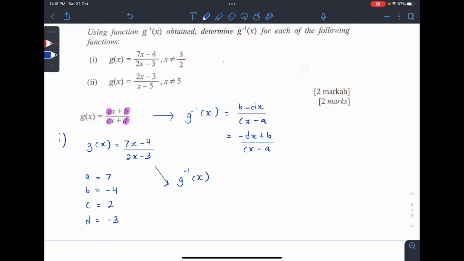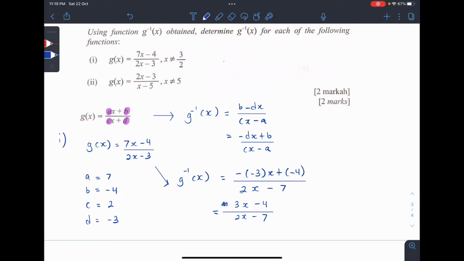So it equals negative d times x, so negative 3x, plus b, so plus negative 4, over c times x, which is 2x, minus a, which is 7. I'm going to get (3x minus 4) over (2x minus 7). And that is my final answer. We have already inversed it.